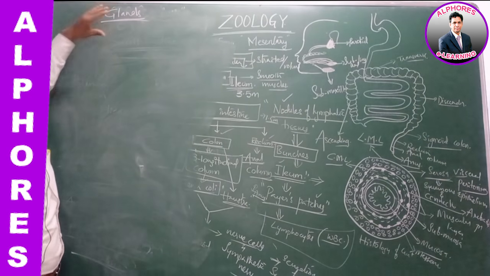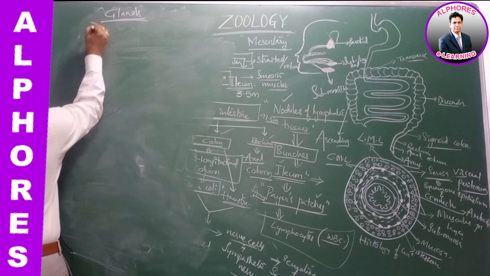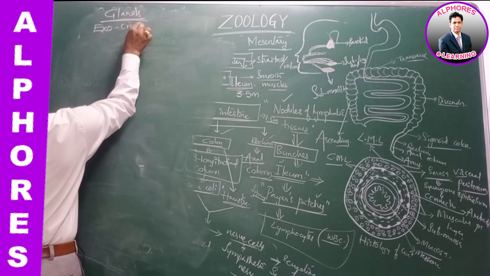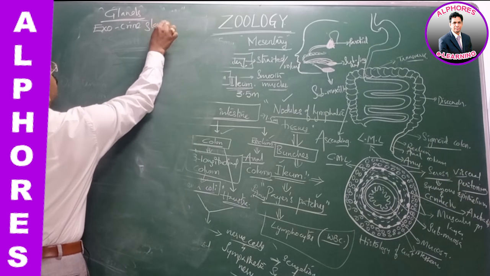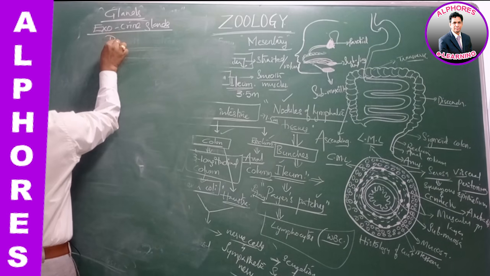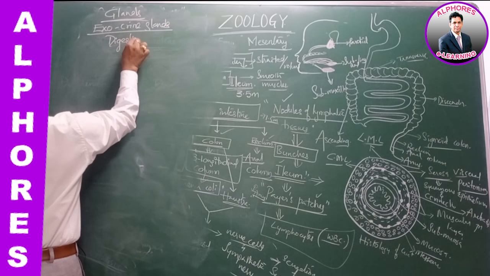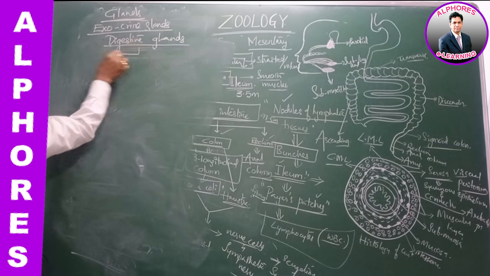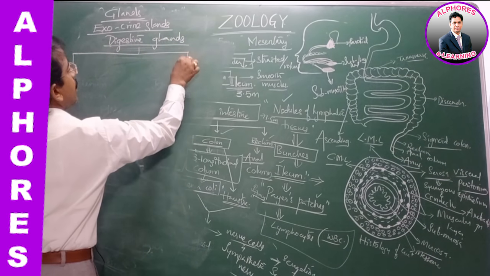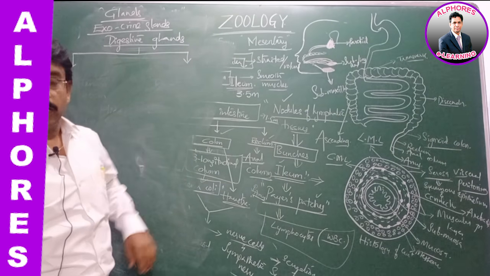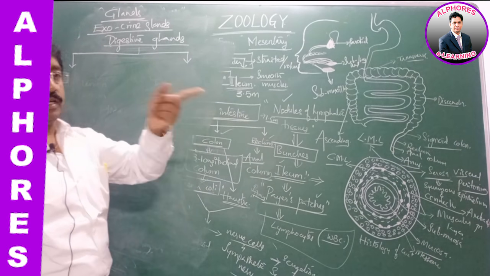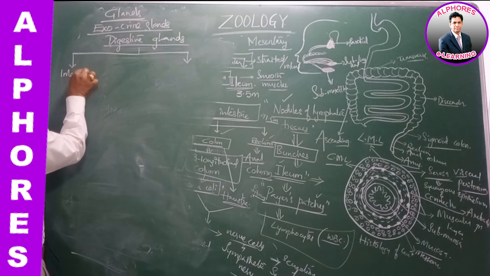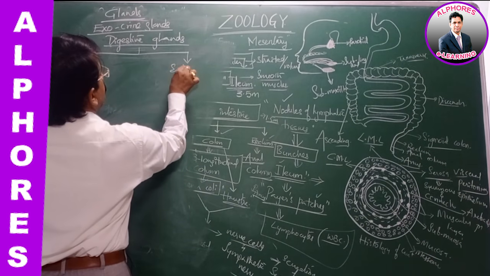Now we are going to discuss the exocrine glands. Exocrine refers to digestive glands, and these digestive glands are internal and external.